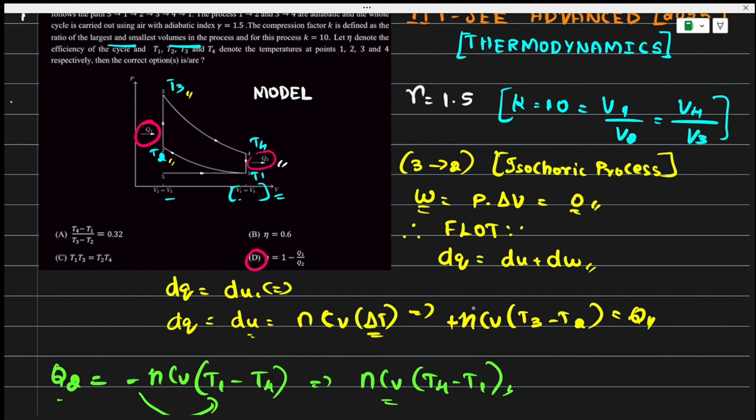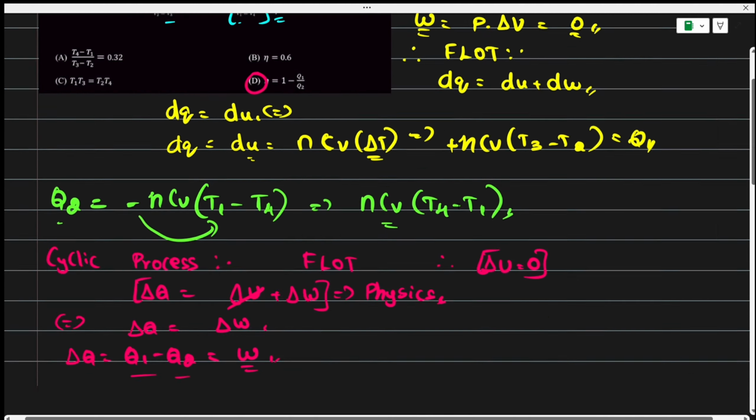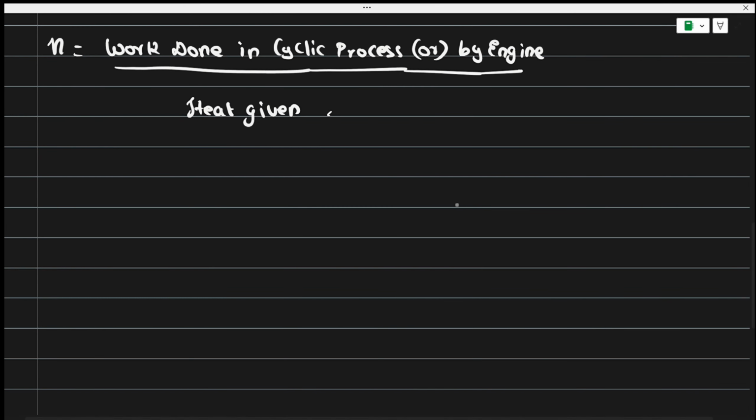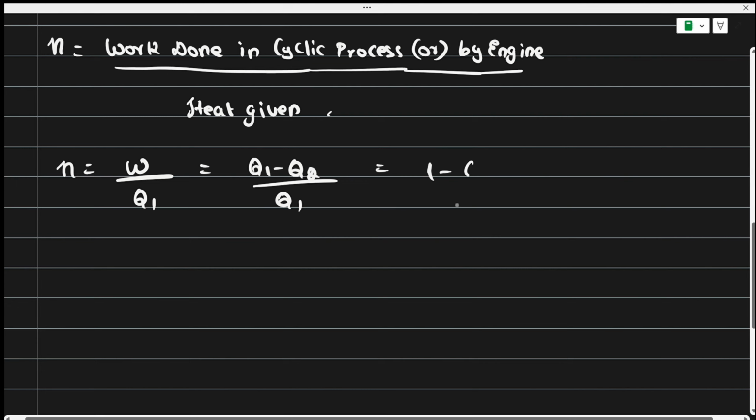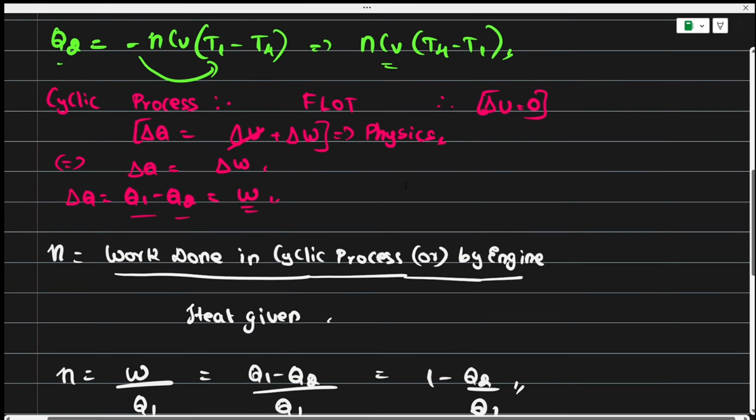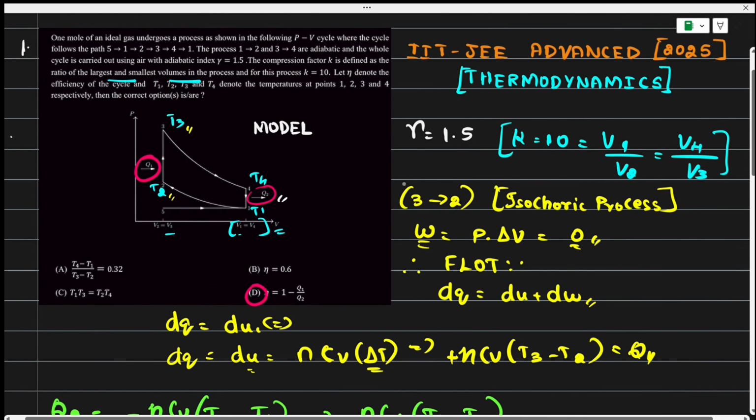So we require Q1, the heat given to the system, and Q2 is not required because heat is lost in the form of mechanical energy. Now eta is equal to work done divided by the heat given to the system, Q1. We have found that W is Q1 minus Q2, so eta is (Q1 minus Q2) by Q1, that is 1 minus Q2 by Q1. We have got this answer. Now let's check option D, and this is the wrong answer because we have got Q2 minus Q1.